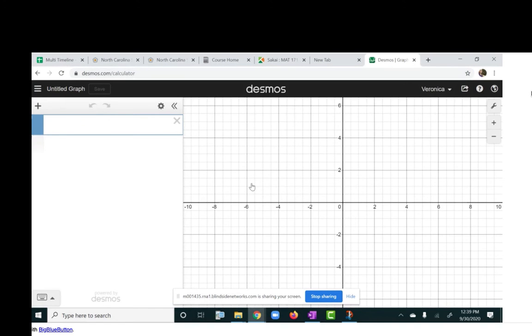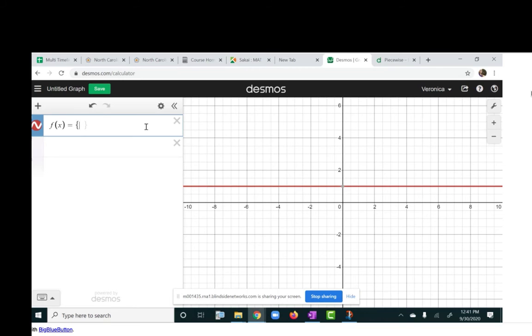And I think we can go over to here. All right, so we're gonna have a function f of x equals. I'm gonna use that curly bracket, and then I need the condition first. So x is less than -2, and then I use a colon, and then the function: 2x plus 3, and then comma, and again the condition.